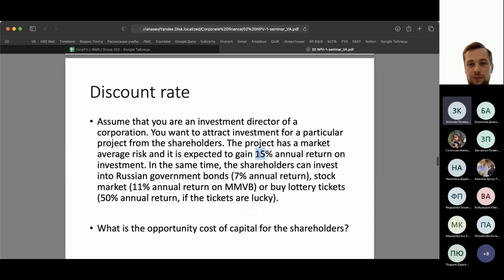For example, you have an investment project that is going to give you 15% of annual return, and your discount rate is 11% of annual return.